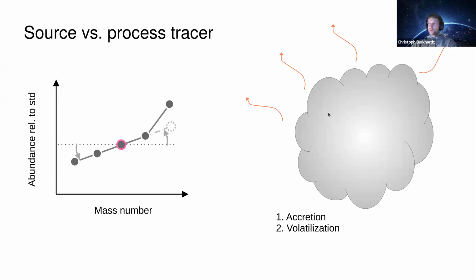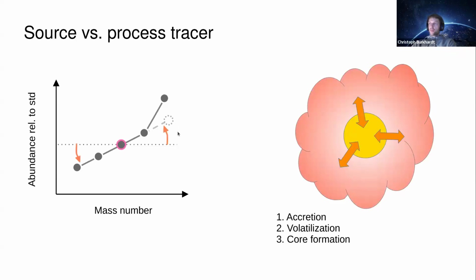So what we remain with is a body that is slightly heavier than what we started with. Now this body heats up, differentiates, and forms a core. And maybe part of the element that we look at partitions into the core. So the light isotopes partition into the core, and the element in the remaining mantle will become heavier again.